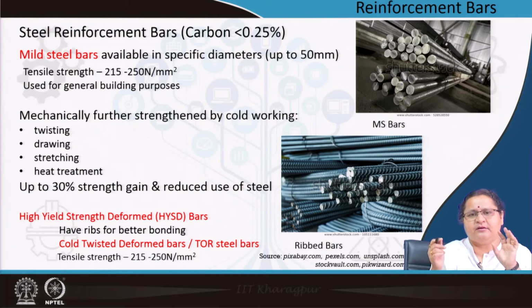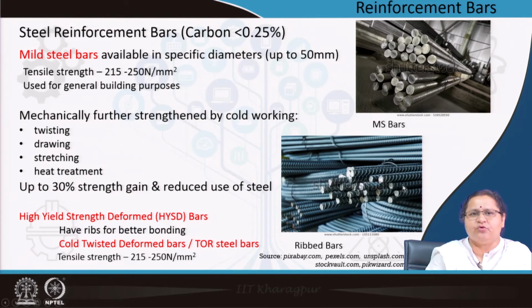So, what is happening? The bars have twists. What does it help in? What is the difference between the upper picture and the lower picture? When it gets embedded in concrete, it is very difficult to move this ribbed bar compared to a mild steel bar. You cannot pull it out in both cases, but the bonding strength between this bar and the concrete will be higher than that of the mild steel bar and the concrete.